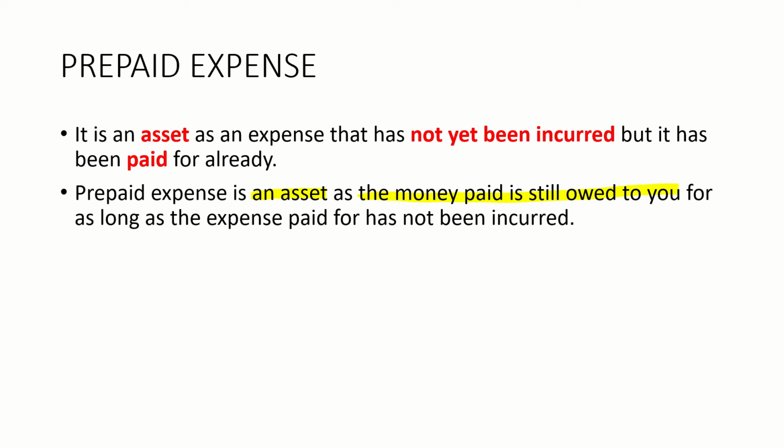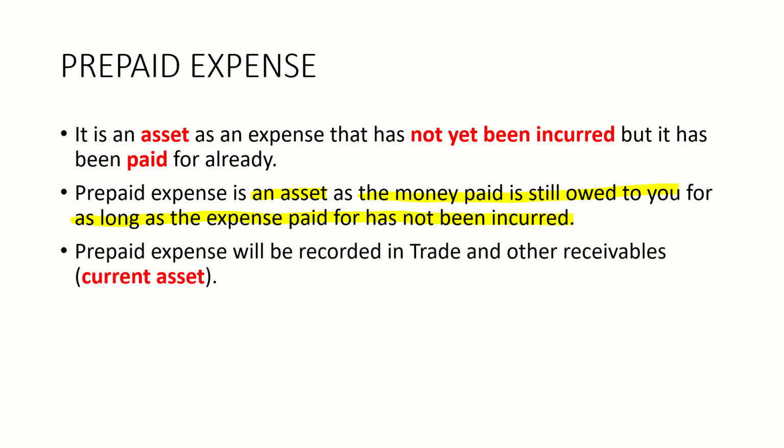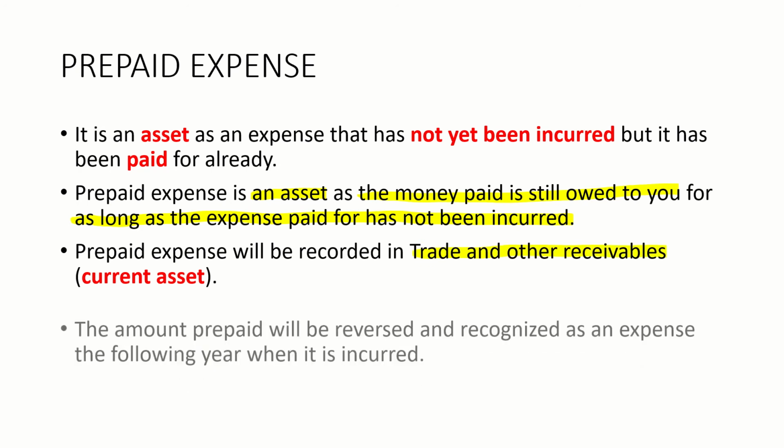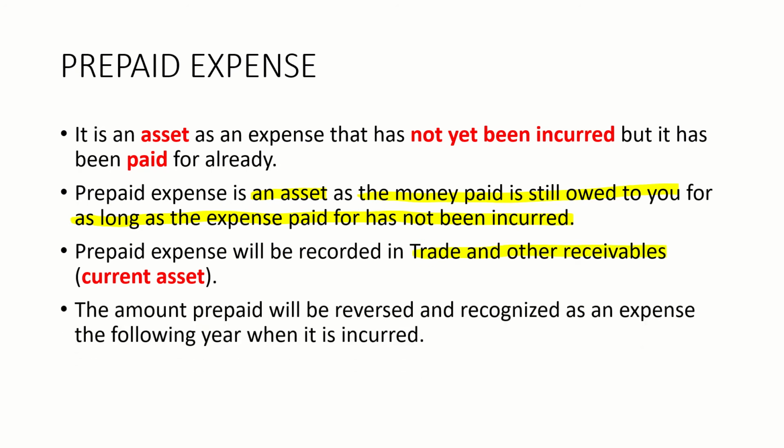It has not been incurred until you've been covered for that specific period. Prepaid expense will be recorded in trade and other receivables as a current asset. The amount prepaid will be reversed and recognized as an expense the following year.